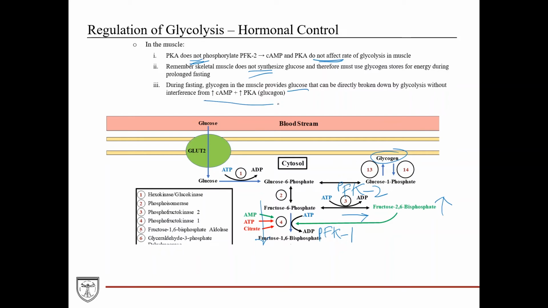And what's nice then is you don't have any interference from cyclic AMP and protein kinase A, which are stimulated by glucagon during fasting. So even though glucagon's at work here, you're breaking down glycogen, carrying out glycolysis, and you don't have any interference preventing an increase in concentration of this, which would further your ability to carry out glycolysis. Again, that all comes back to the very key fact that you do not synthesize glucose in the muscle.